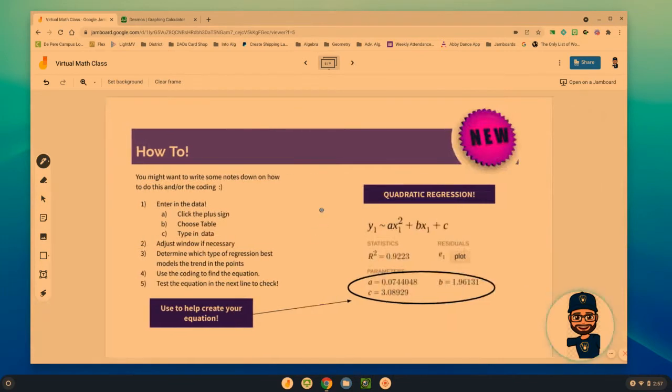And then your last one for coding is for quadratic. If it looks like a quadratic function, here is the code for quadratic. Y1, that squiggly mark, AX1 squared plus BX1 plus C. This is by far the trickiest one to type in.